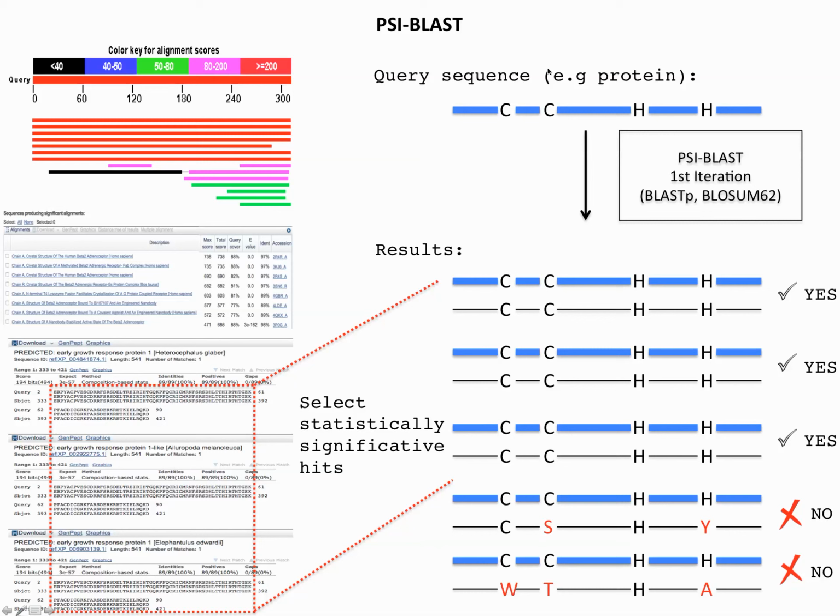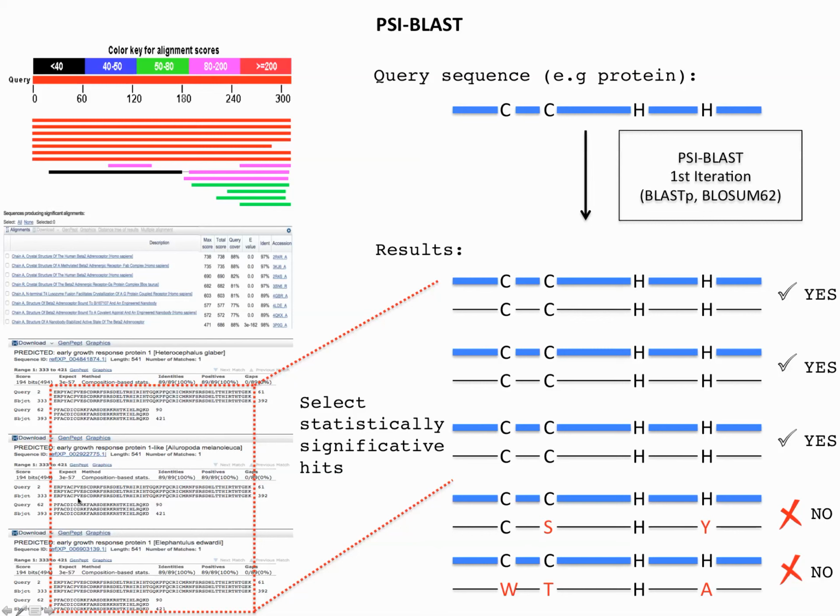This is our query sequence, and suppose that it represents the pattern of conservation, and make a normal BLAST search. In this case, we are talking about a protein, so we use BLASTP and BLOSUM62 as scoring matrix. We obtain a number of solutions.